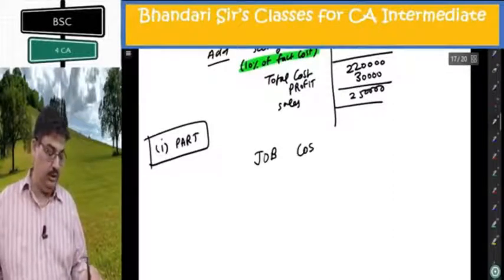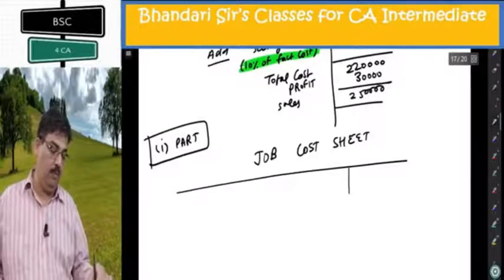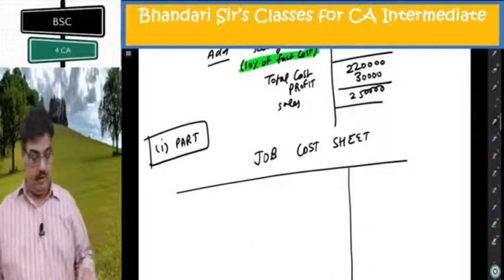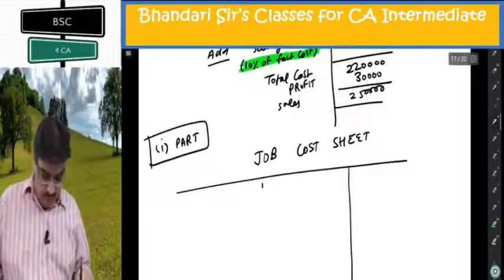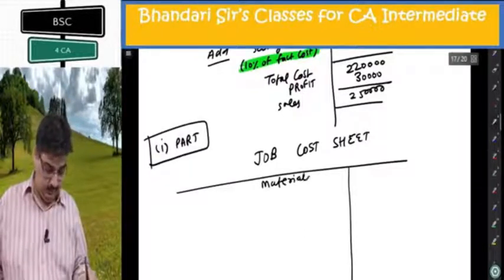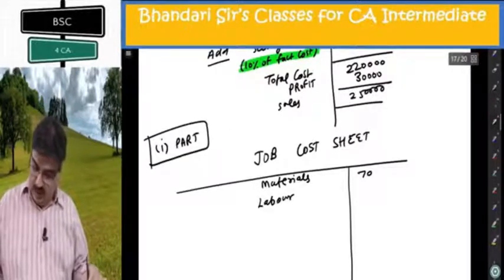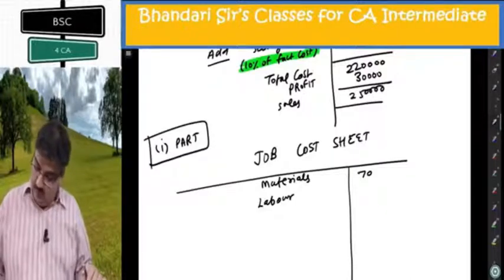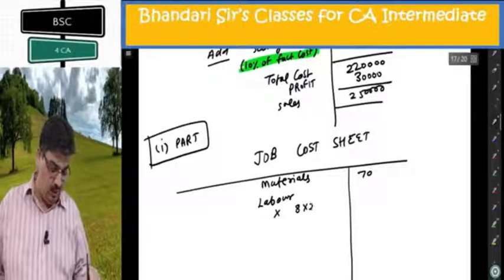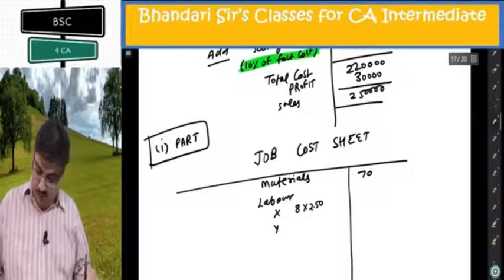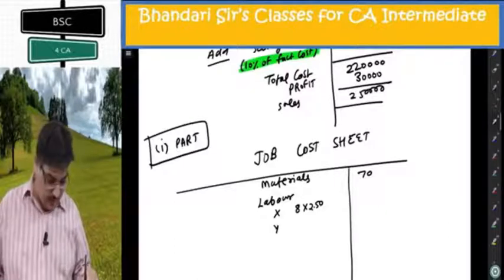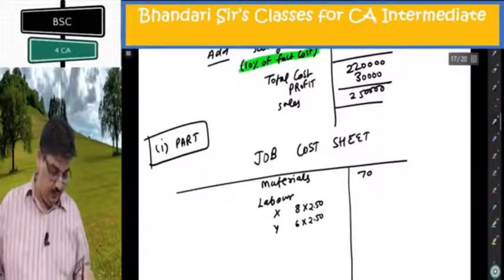Job cost sheet. The given job cost sheet was not proper because it did not include the overheads. Materials 70. Labor, you want to find for all of them 2.50 for X 8 hours into 2.50, for Y department 6 hours into 2.50, for Z department 4 hours into 2.50.